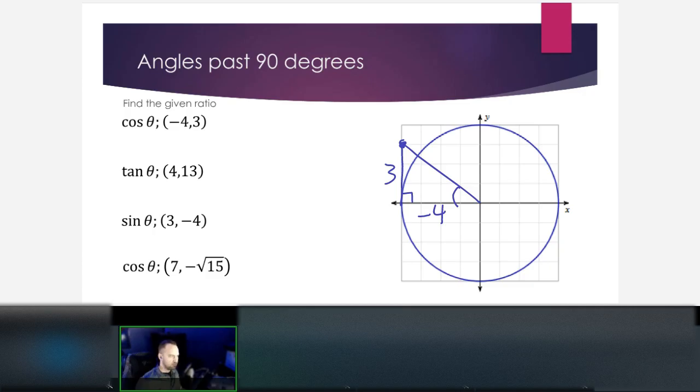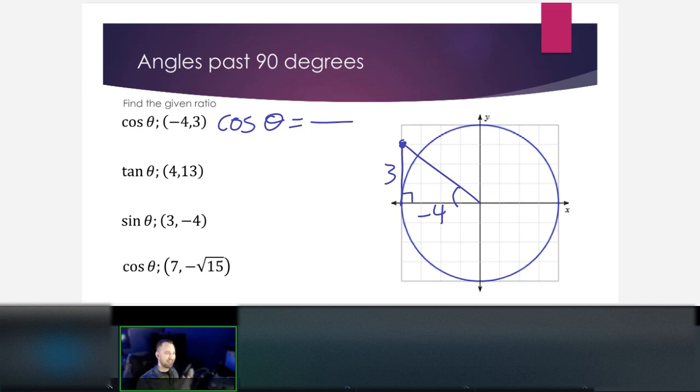So create a picture, and going from that previous page, those formulas, the cosine of the angle is equal to adjacent over hypotenuse, which happens to be the x value, right?